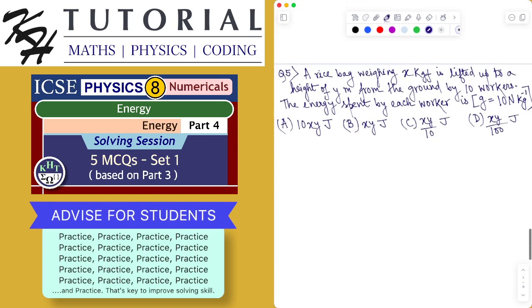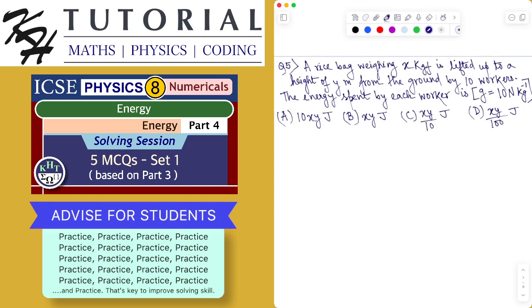Question number 5, the last problem. A rice bag weighing x kilogram force is lifted up to a height of y meter from the ground by 10 workers. The energy spent by each worker is.